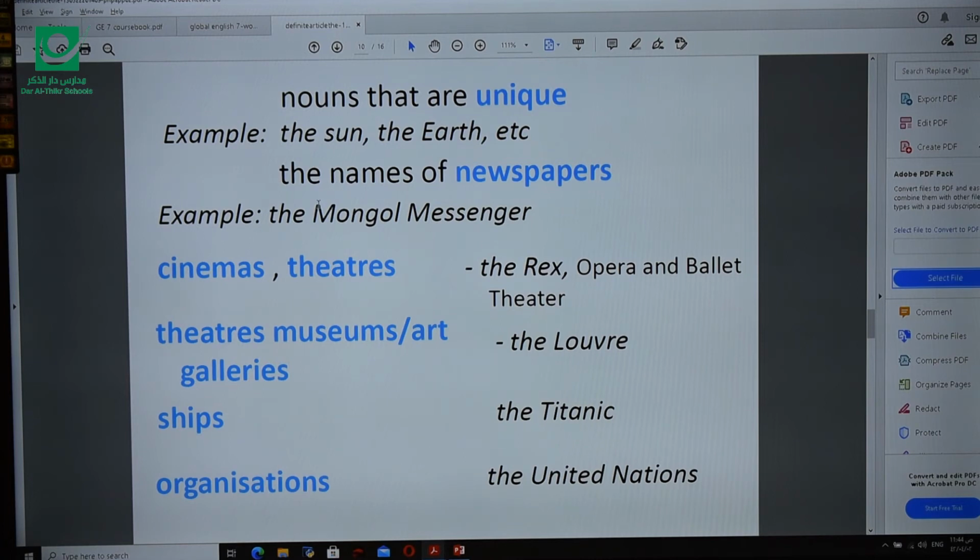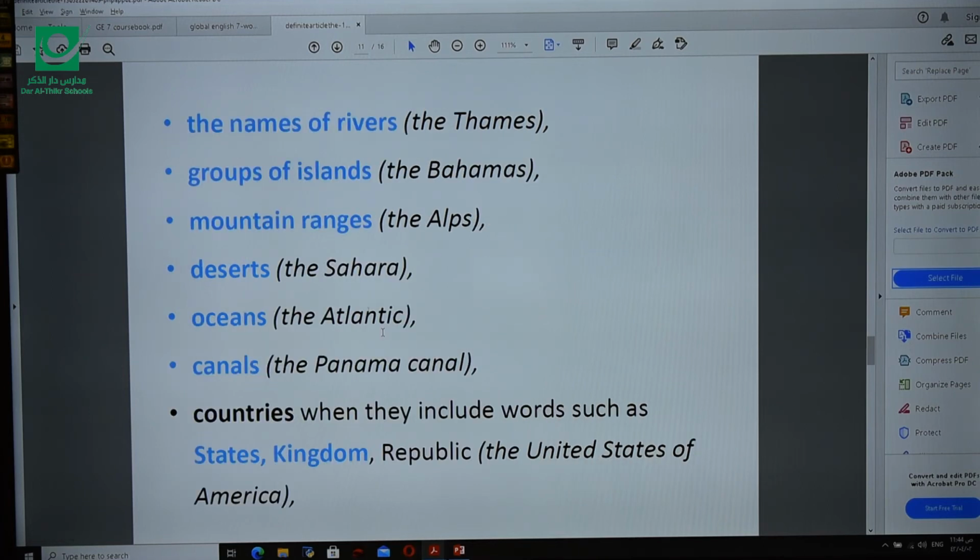So we use the before nouns like cinemas, theaters, or museums, or organizations like the United Nations. We use the before rivers, seas, oceans. We use the before groups of islands. And take care, I'm talking about groups of islands, not an island.